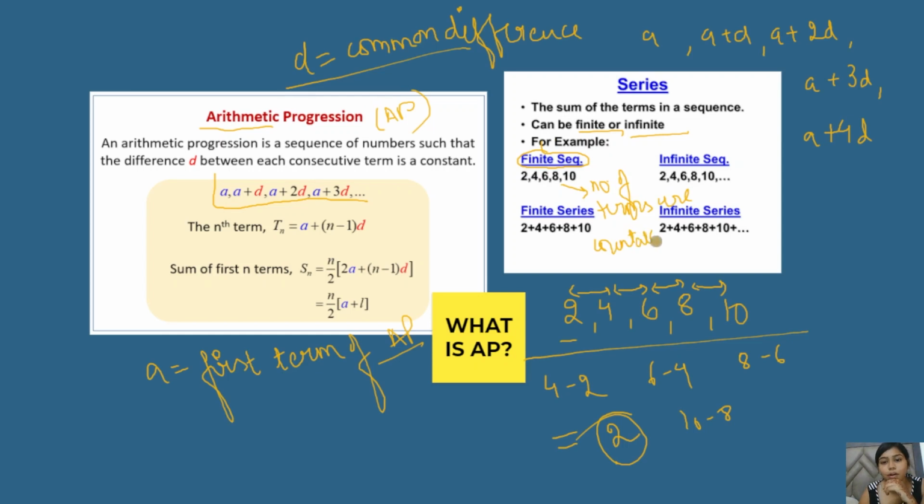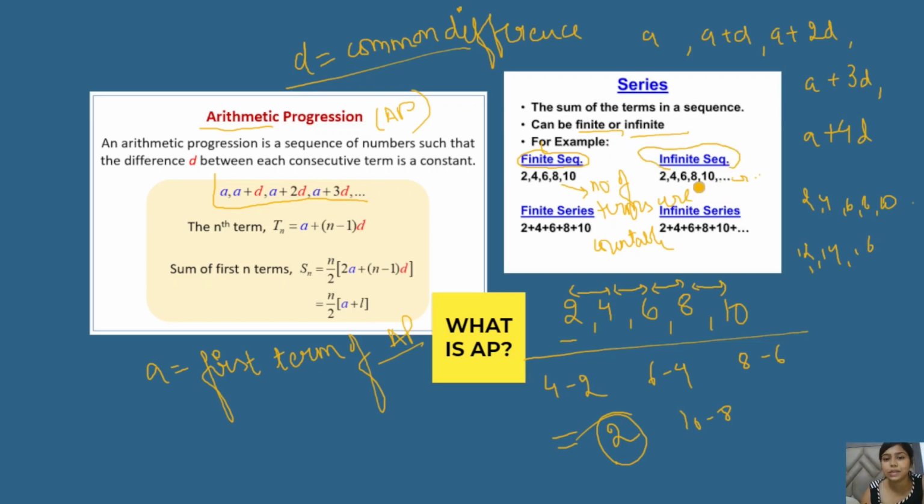You can see these dots here, which mean etcetera. It means more terms are there, like 2, 4, 6, 8, 10, dot dot dot, where the terms going forward can be 12, 14, 16, and they are also present. These dots are put because we don't know how many numbers are present.